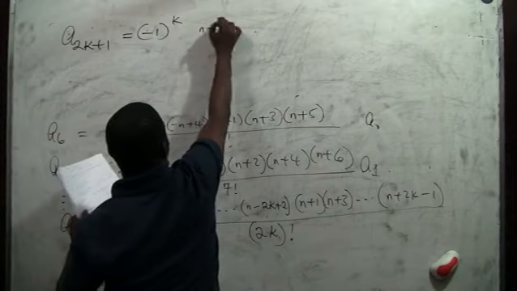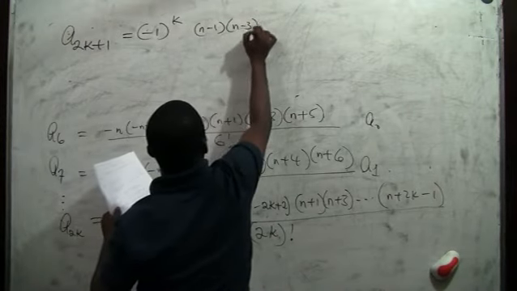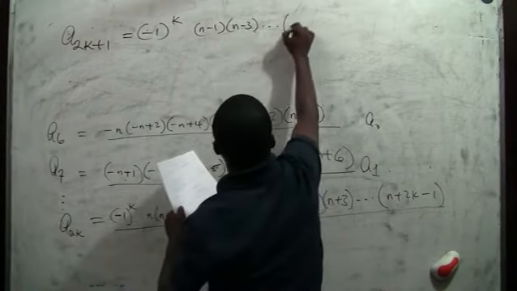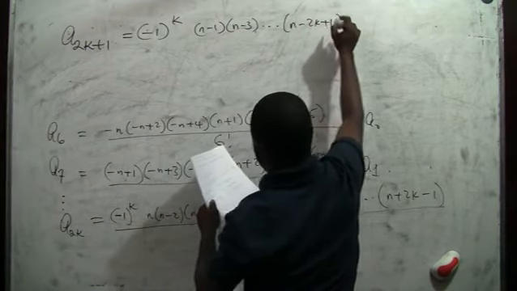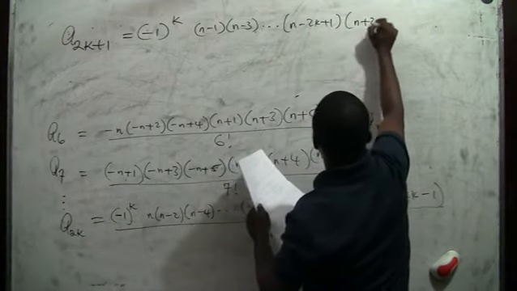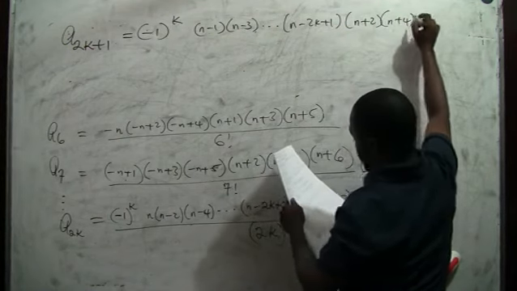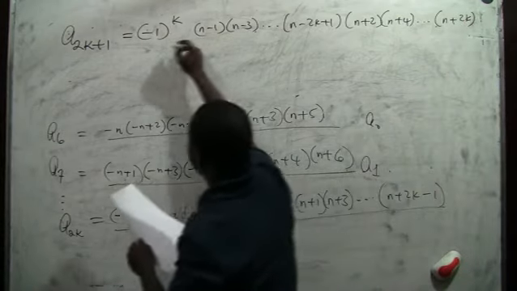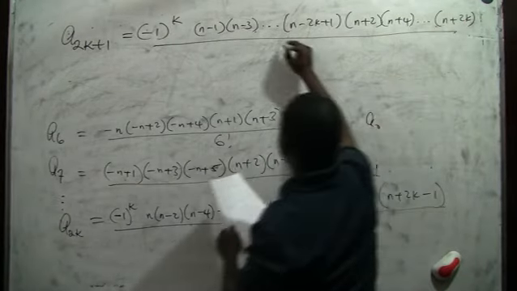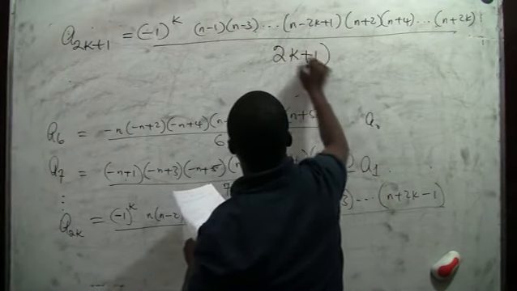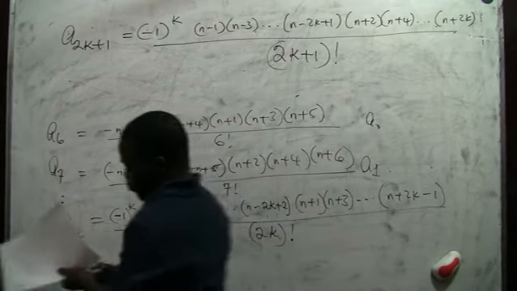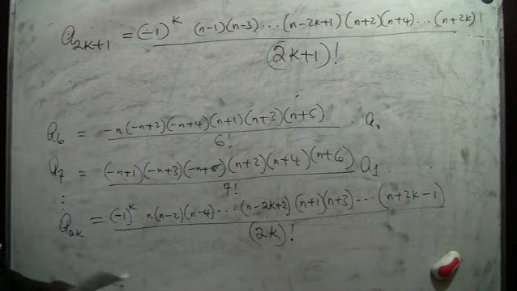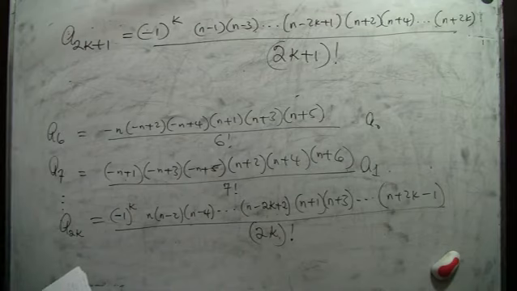I have n minus 1, n minus 3, up to n minus 2k plus 1 into n plus 2, n plus 4, up to n plus 2k, all divided by 2k plus 1 factorial. That is the generalization for the second coefficient, that is the odd coefficient.